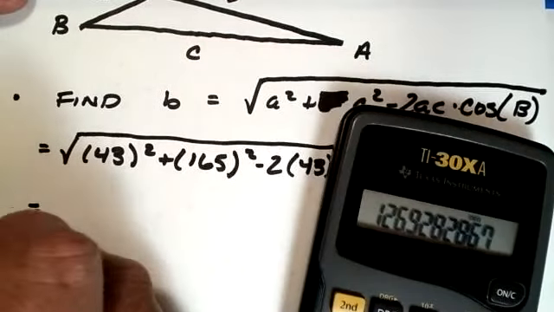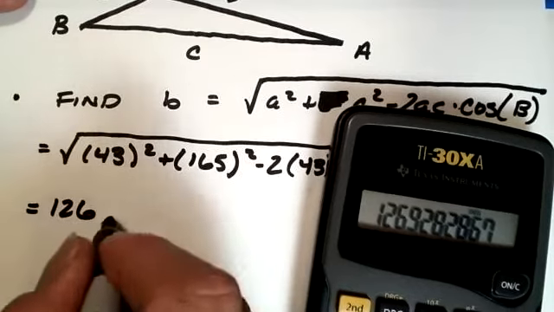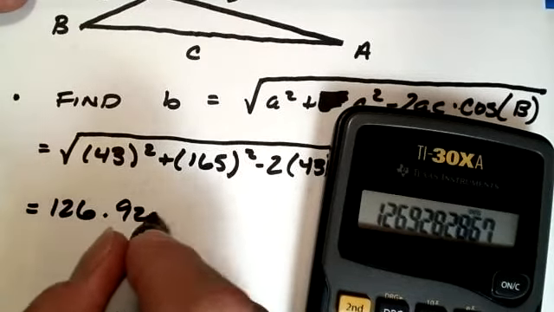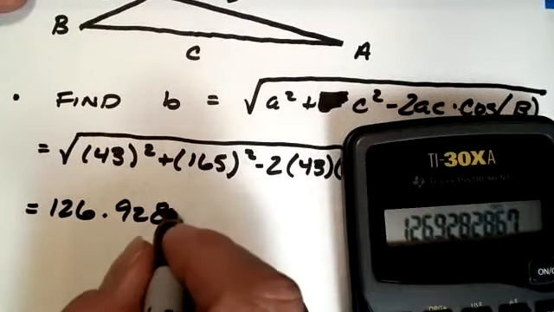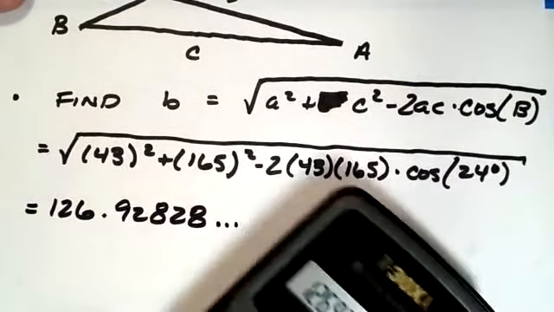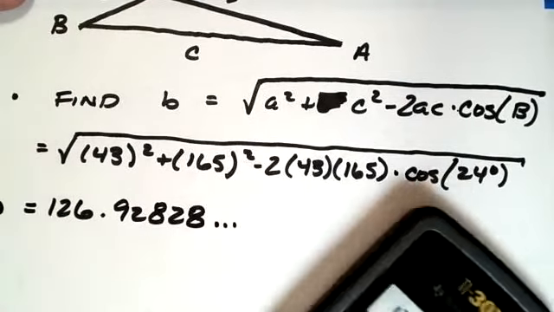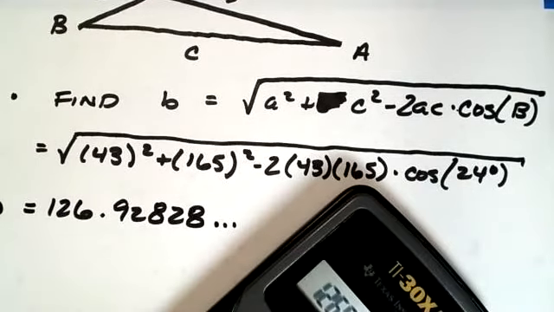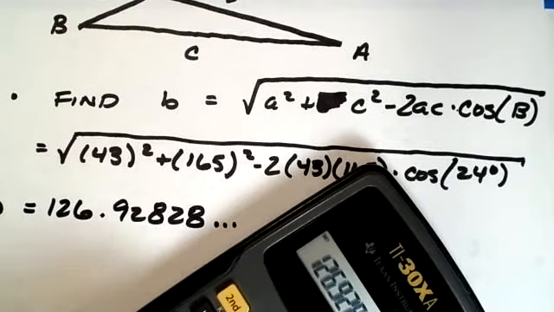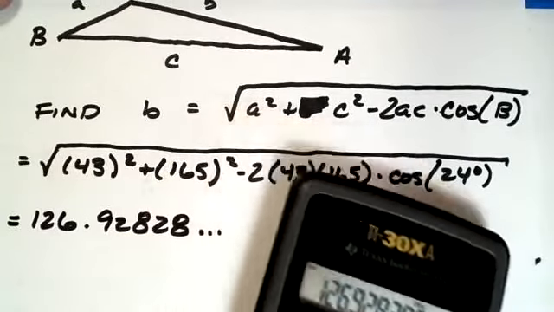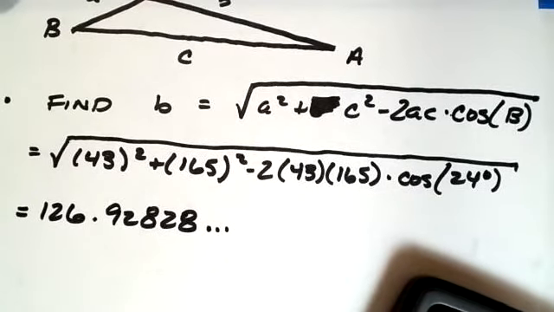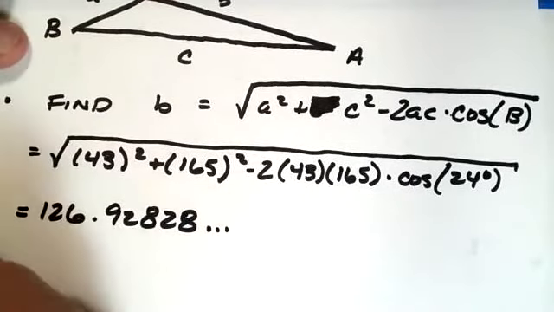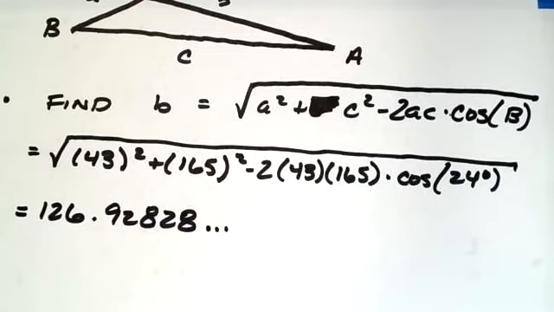I end up with 126.928, whatever. And remember, this is side B. So I'm going to store this number, store 1, so memory 1 is actually side B. Now at this point, it may not make any difference because I think B is too small to make any difference.